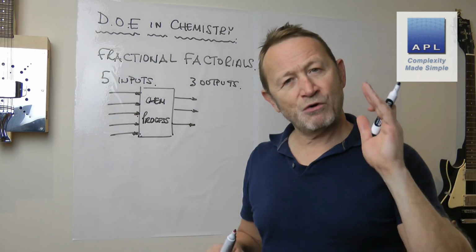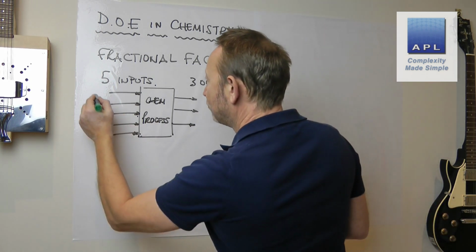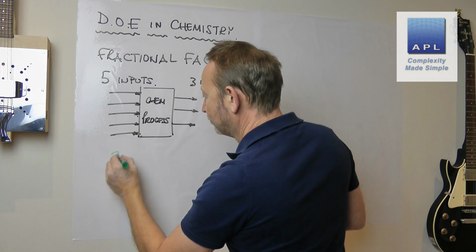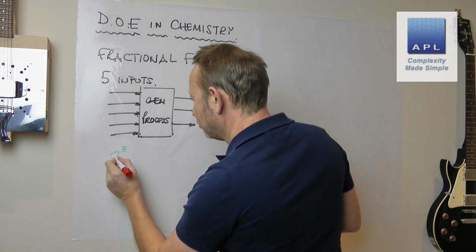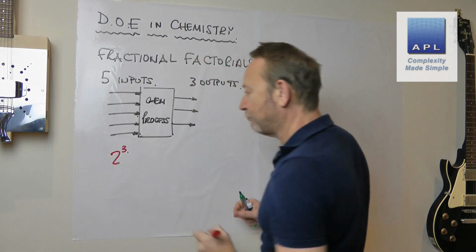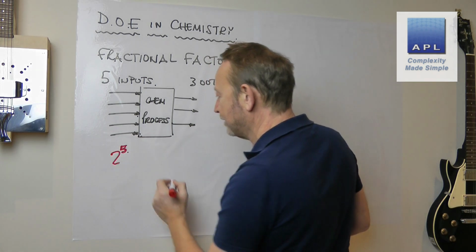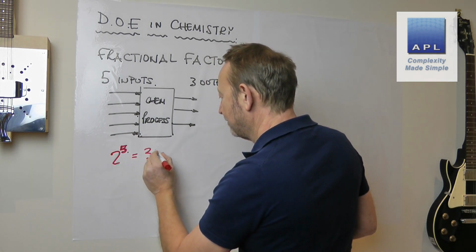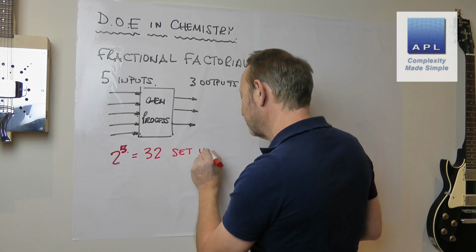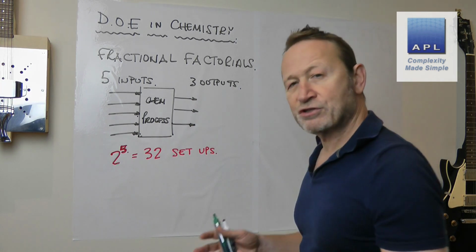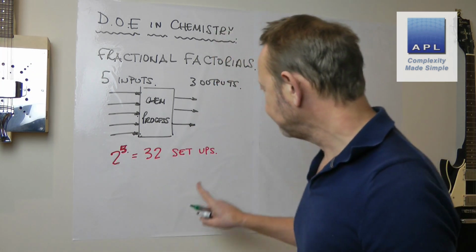Now if you go and use a full factorial here, so if you test at 2 levels, so it's a 2-level design, let's do this in red. If you do a 2-level 5 factor DOE, you are going to have to do 32 setups, 32 different chemical recipes, okay?